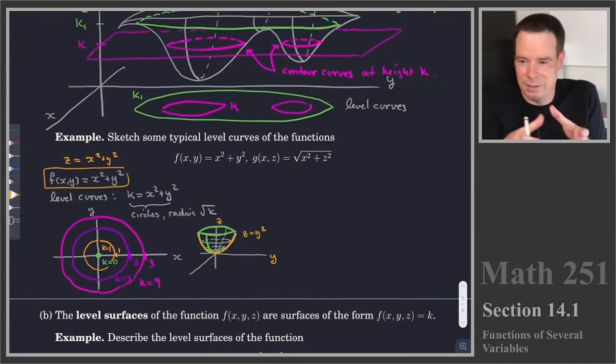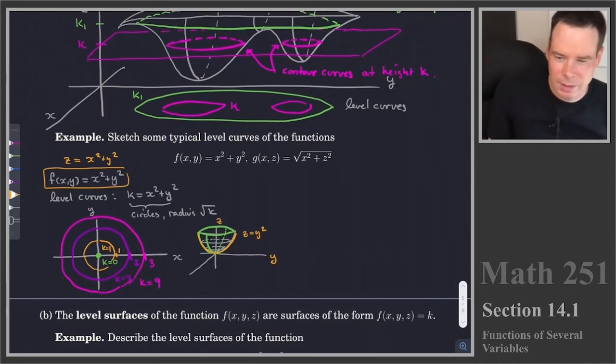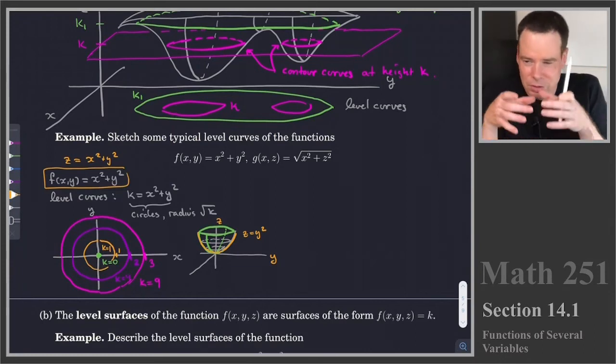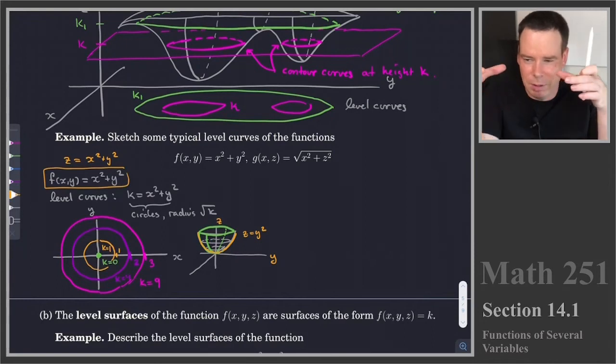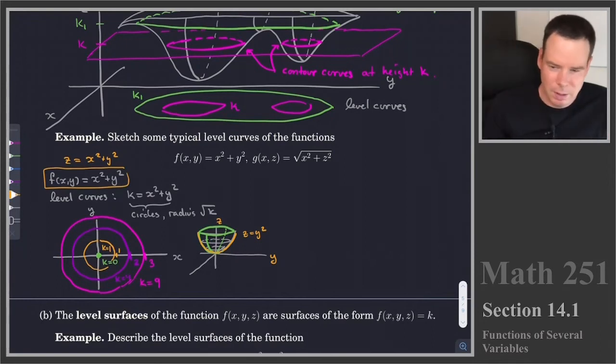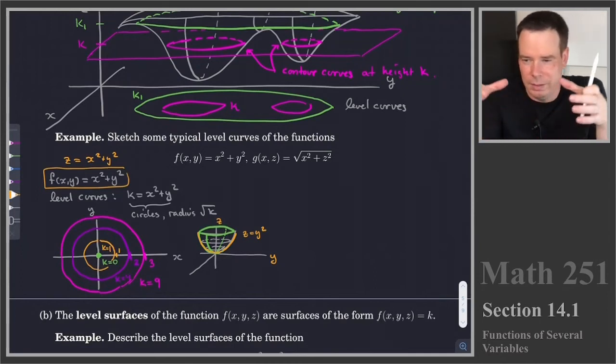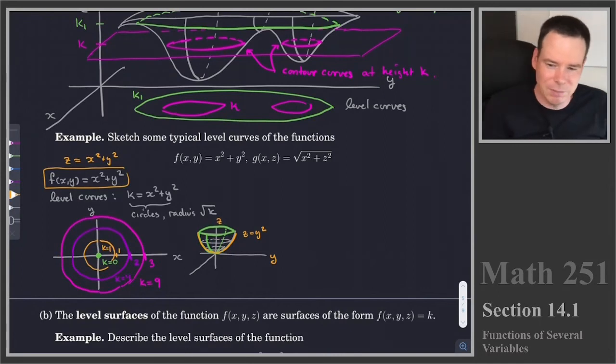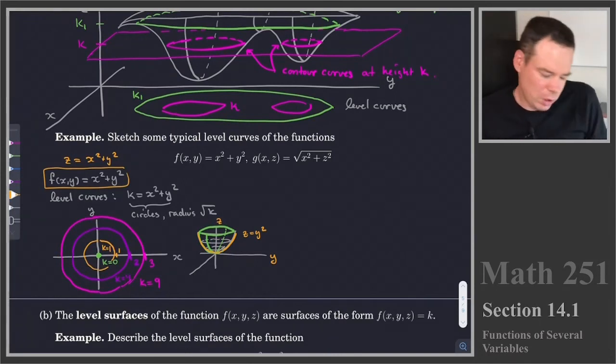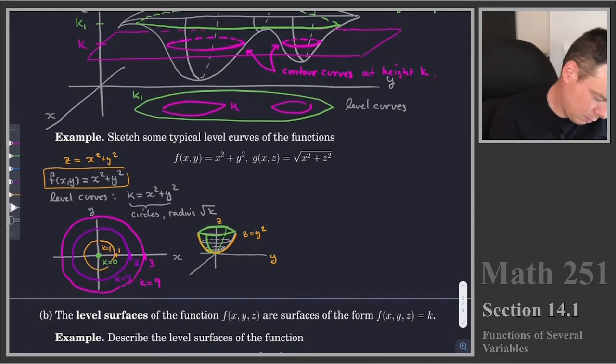So I know it has this curvy, parabolic shape. And that's why I said, okay, it's got all these circles stacked on top of each other. They're getting bigger and bigger in radius as I go up. And not only that, they're growing in radius in this quadratic shape. So I can use those level curves to get ideas about what the shape of the object looks like.